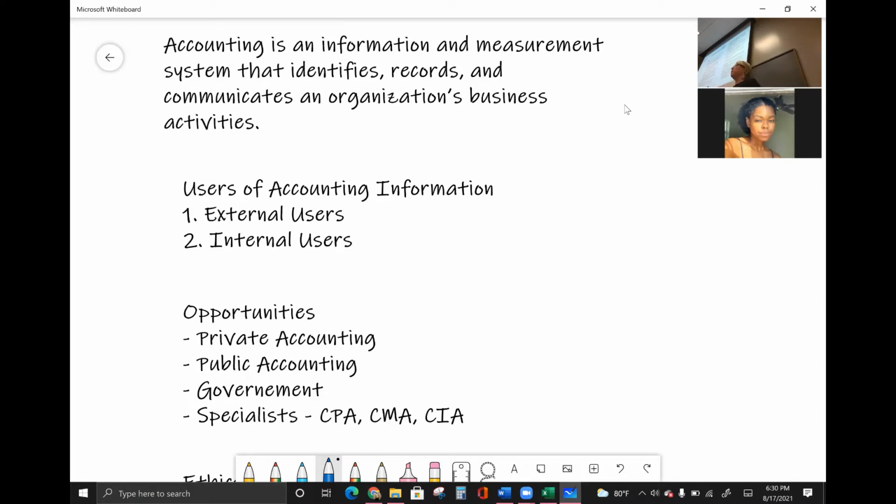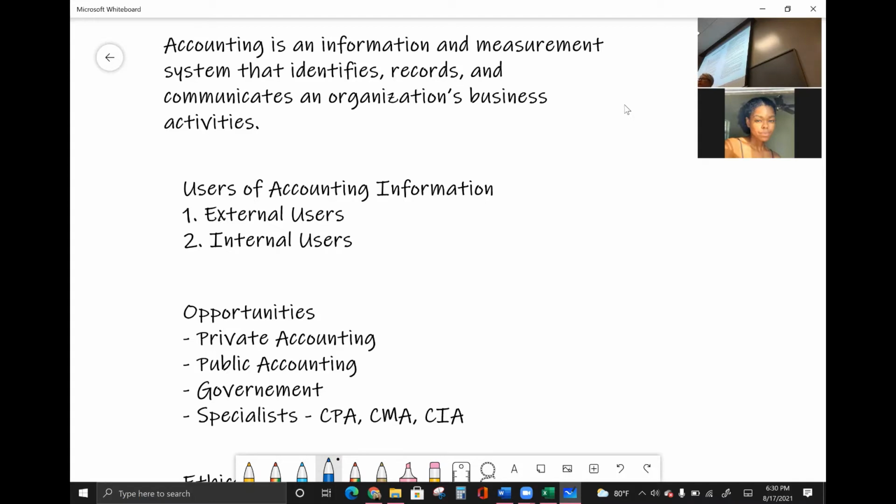This is what's given to banks and creditors, investors, external users that maybe want to invest in the company for stock. So you want to know that the information being produced is accurate. The information has to be accurate and reliable. We'll go through that. You want to make sure that the information you're putting in there isn't inflated.